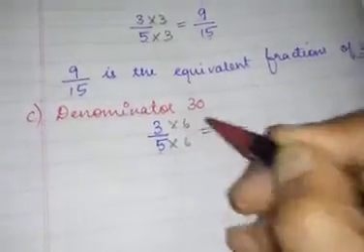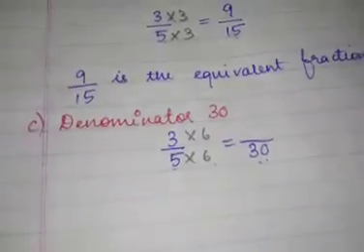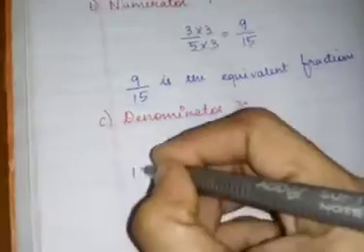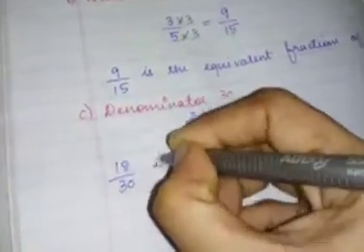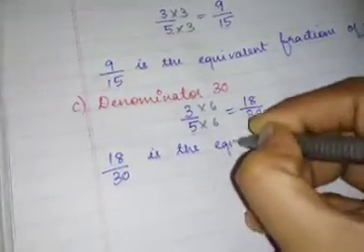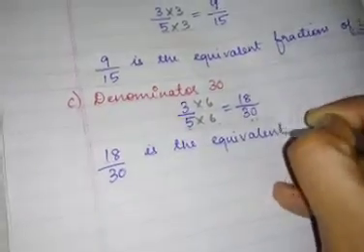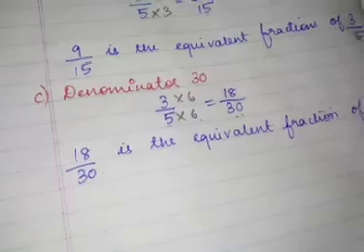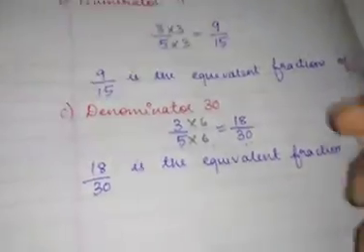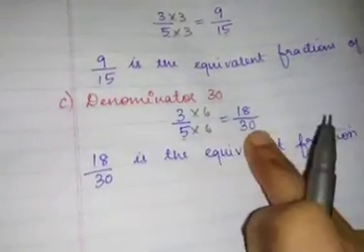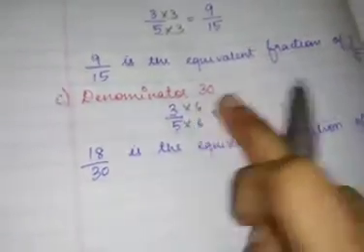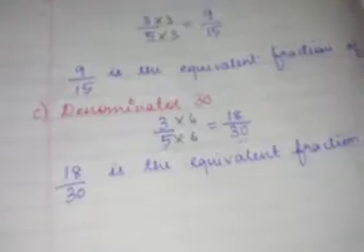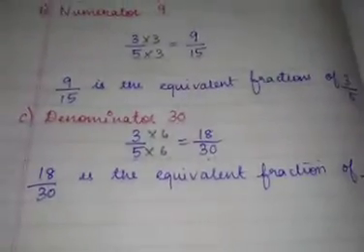So here also into 6. 6 threes are 18. So what is your equivalent fraction? 18 by 30 is the equivalent fraction of 3 by 5. So listen, children, 5 into 6 is 30, so 3 into 6, 6 threes are 18. Understood? So your D problem is your homework.